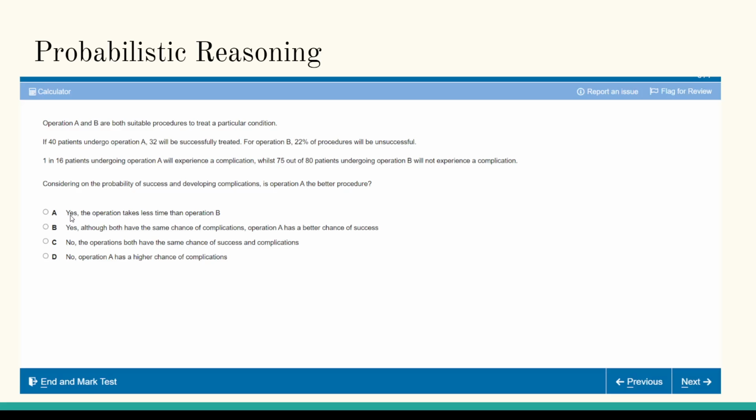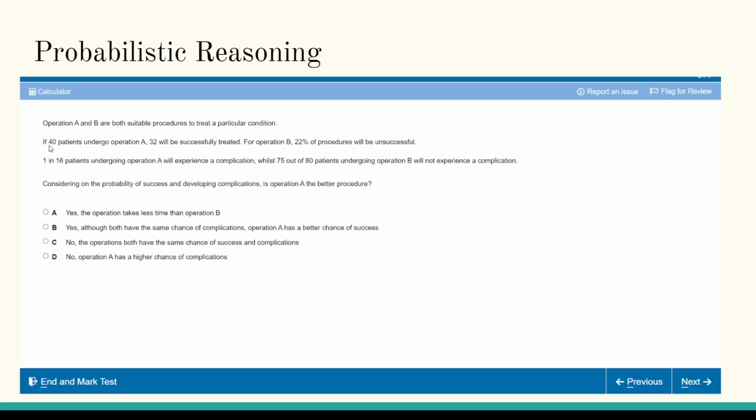Without reading this part here, we could simply look through these options and find if there is anything significant that could be the answer. Yes, the operation takes less time than operation B. We won't know that because we haven't looked at that yet. Yes, although both have the same chance of complications, operation A has a better chance of success.